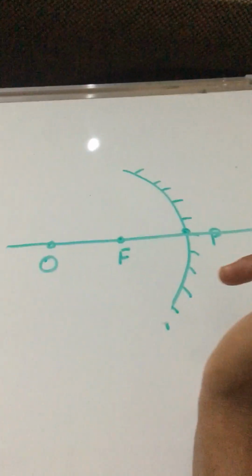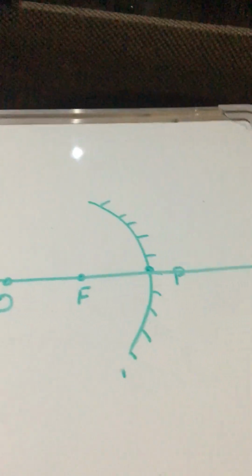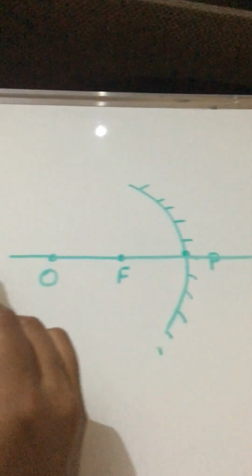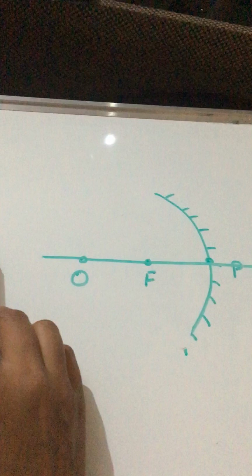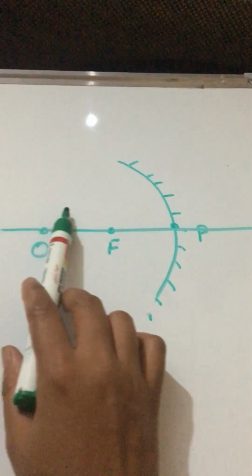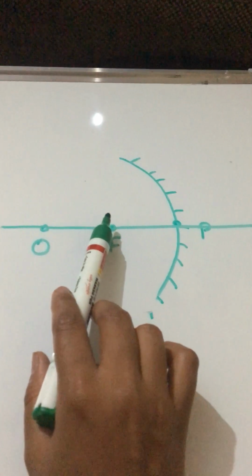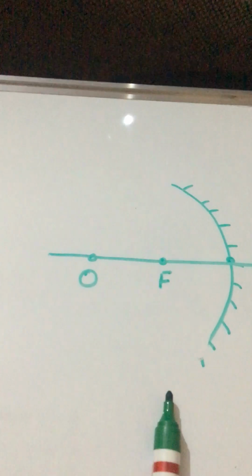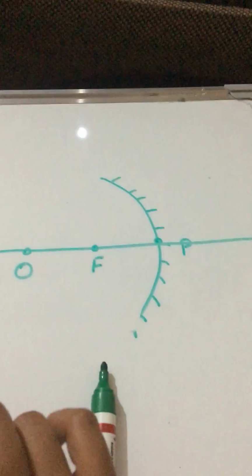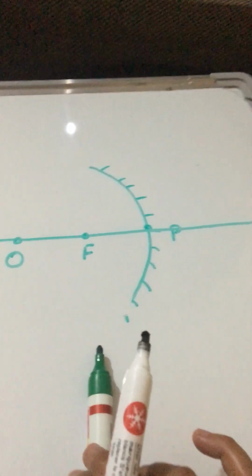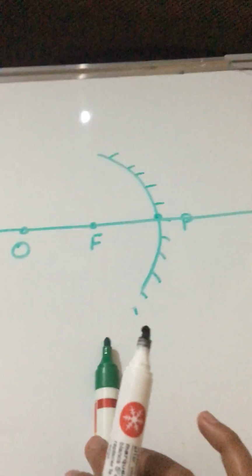Now in a concave mirror, it has been found that when the object is very far away, then the image will be formed at the focus. As the object is brought nearer, let me use the black line to show the object and the green line to show its image.